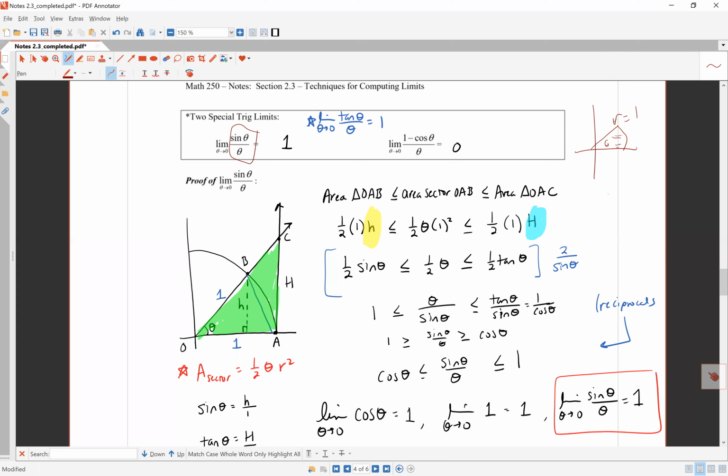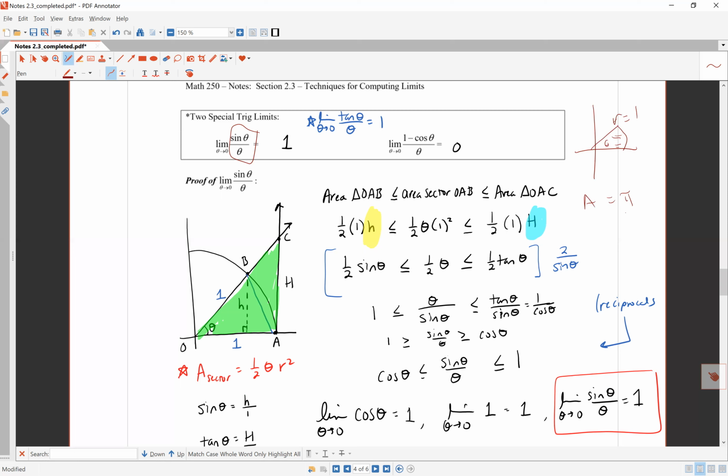We know the formula for the area of a circle is pi r squared. If r is 1, the area is pi. So the area of the circle of radius 1 is pi. What part of the circle do we have?